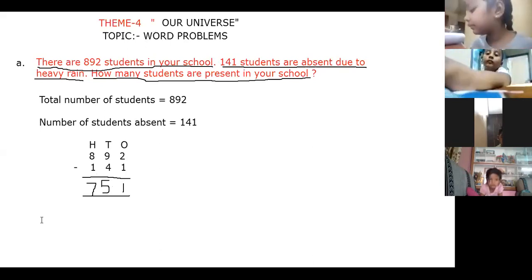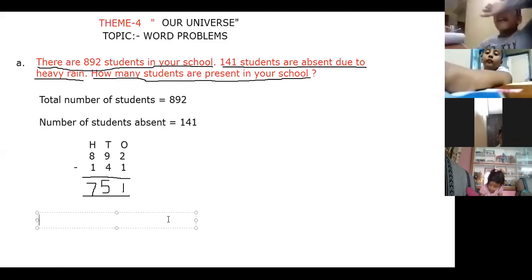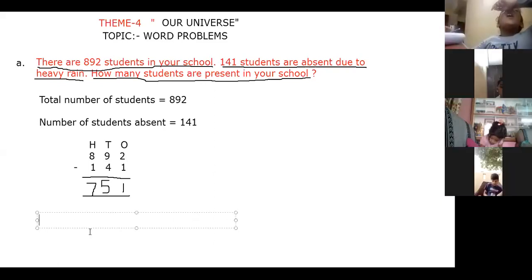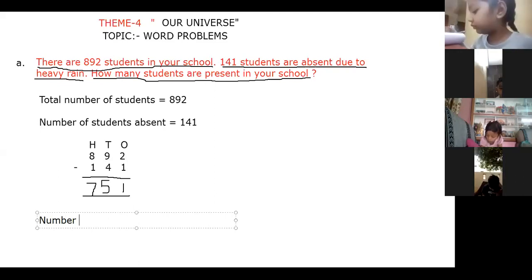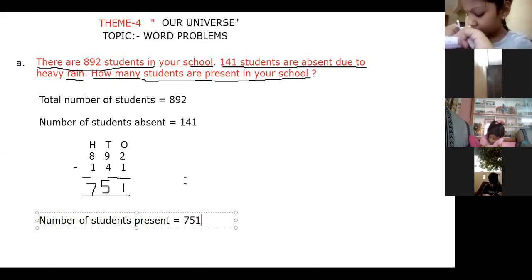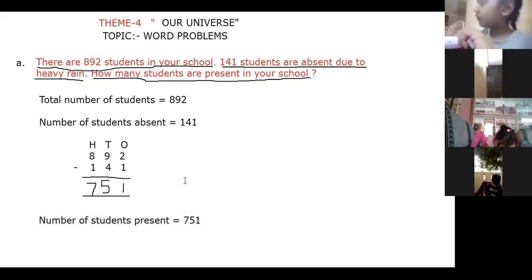So after this, we'll leave one line and we'll write our last statement. Number of students present is equal to 751. Write this in your notebook.